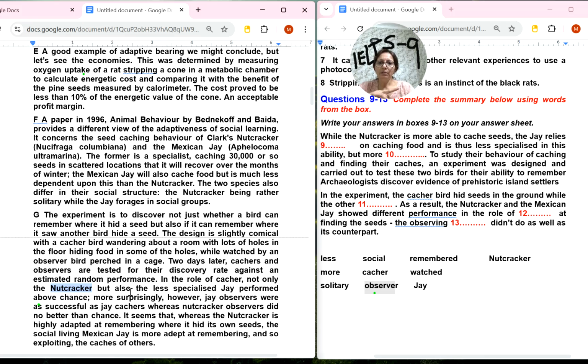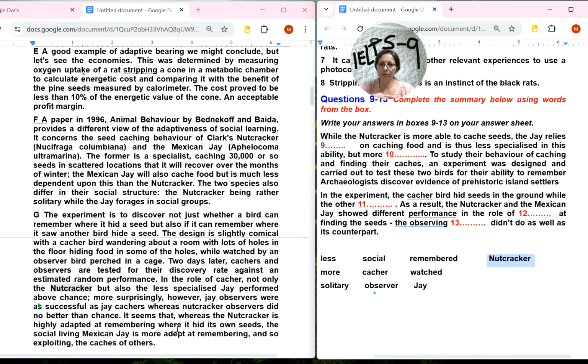Not only in the role of catcher, not only nutcracker, but also less specialized Jay performed above chance, were successful, did better than chance. Observing nutcracker will come here. Didn't do as well as its counterpart.